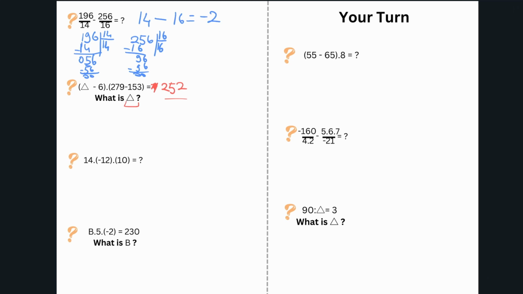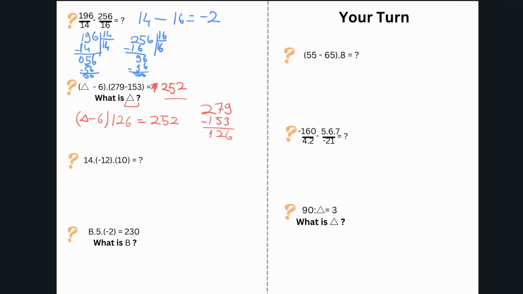Let's first do inside the parentheses. 279, 150 minus 153. 9 minus 3 is 6. 7 minus 5 is 2. 2 minus 1 is 1. 126. We have triangle minus 6 times 126 equals 252.